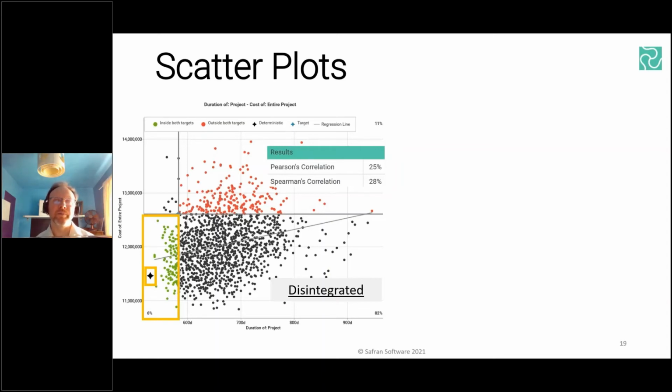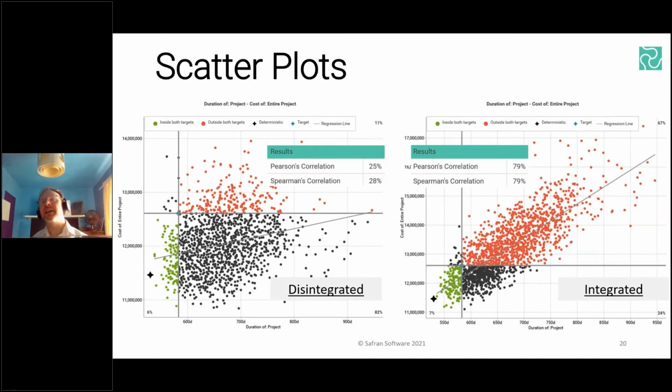quadrant. Now here's exactly the same project, but with the time-dependent costs fully integrated with the schedule. The two most notable changes are firstly the spread or the shape of the outputs. It now forms a more correlated cloud with a diagonal vector, which is also corroborated by the statistical correlation now being circa 80%.